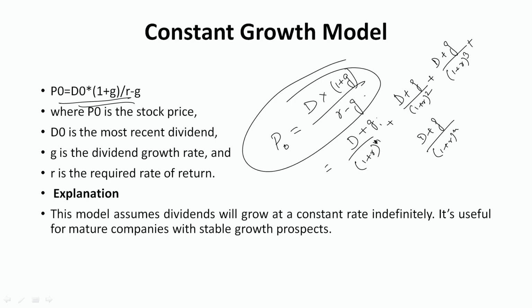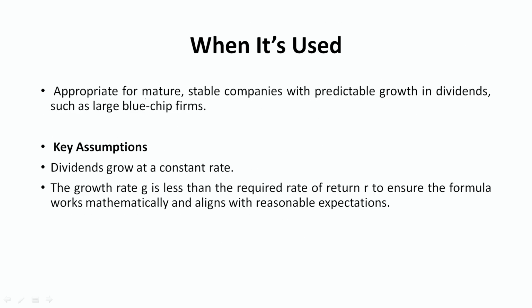So in the constant growth model, as we told in the earlier case, the rate is going to increase constantly over a longer period of time. This is normally useful for mature companies or stable growth companies, or situations where growth is predictable.